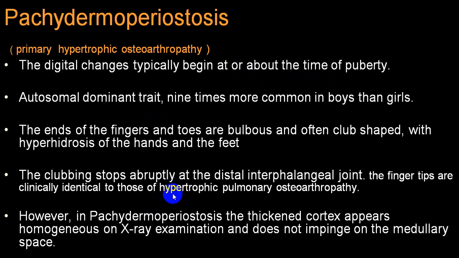But it is not due to malignancy of lung like mesothelioma or bronchogenic carcinoma. But it is an autosomal dominant trait, and that is primary. But when it is because of malignancy, we call that hypertrophic pulmonary osteoarthropathy. So when you say HPOA, that is hypertrophic pulmonary osteoarthropathy, it is due to bronchogenic carcinoma or because of mesothelioma.